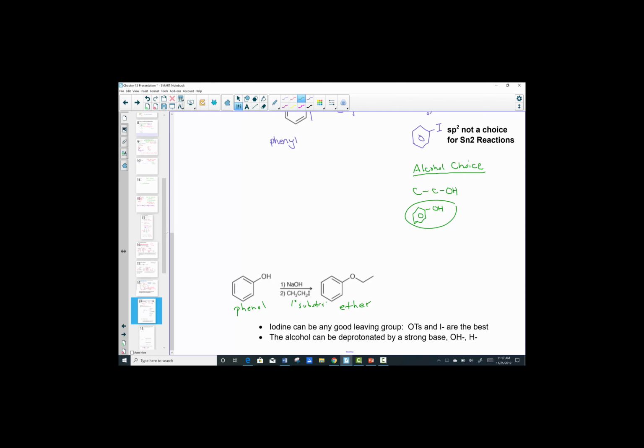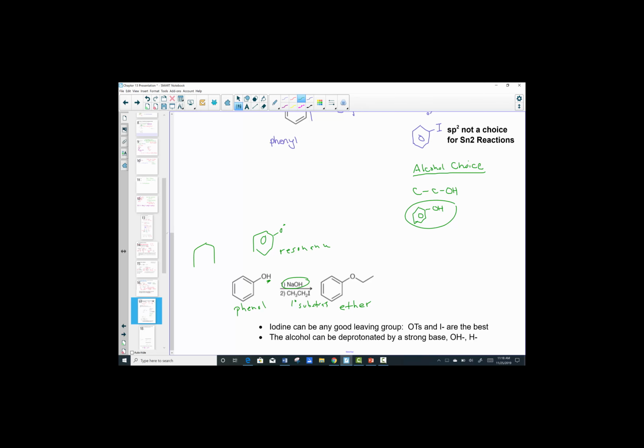Now remember, when that alcohol is deprotonated, this goes back to a previous lesson, this negative anion has resonance, and it is much more stable than if it were not near a pi bond. And so when I put sodium hydroxide on the arrow, that's okay because it is capable of deprotonating the hydrogen on the phenol, since this phenol is more acidic.